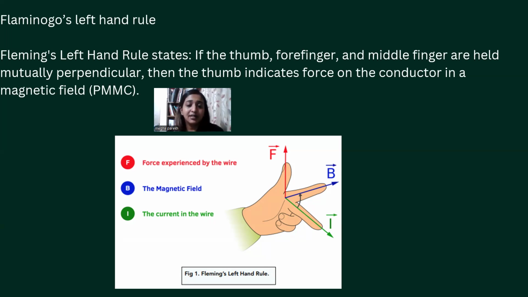So here the thumb denotes the force experienced by the wire, and here is the uniform magnetic field between the permanent magnets, and this is the current in the wire. So the force experienced by the wire is perpendicular.